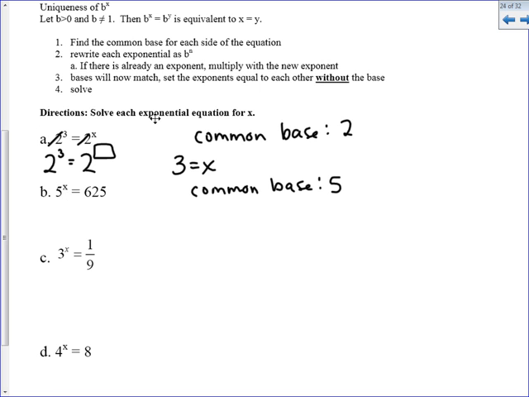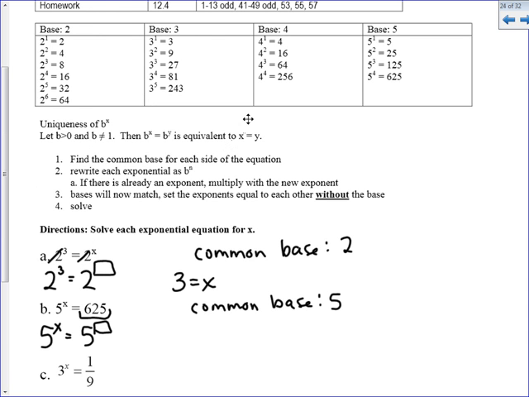But is there a way I can rewrite 625 as 5 to some power? 5 to what power equals 625? 4. So right now I'm just replacing 625 with 5 to the 4th power.